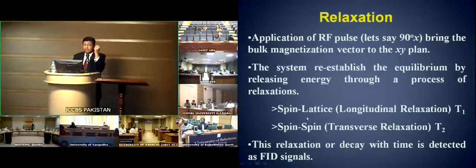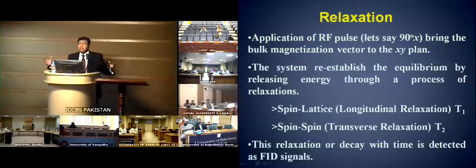But there are two different types of relaxation. One is called spin lattice relaxation. Never forget the word spin. When I say nuclear, when I say longitudinal magnetization vector, when I use the word M naught, always remember that they are spins, and this is a technique in which the energy goes from your nuclear spin to the lattice, and lattice is your environment, the space around it.